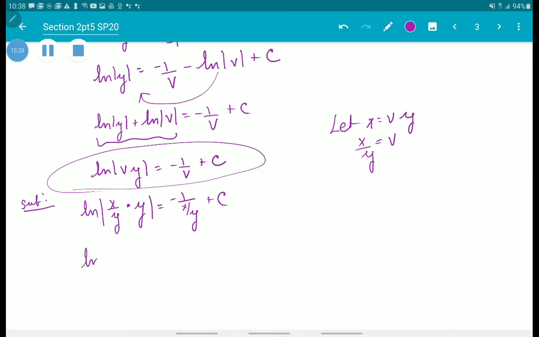So this is going to give us the ln of the absolute value of x minus y over, is equal to negative y over x plus c. Multiply everything by x. Don't forget to multiply the c by x. And then solve for y.